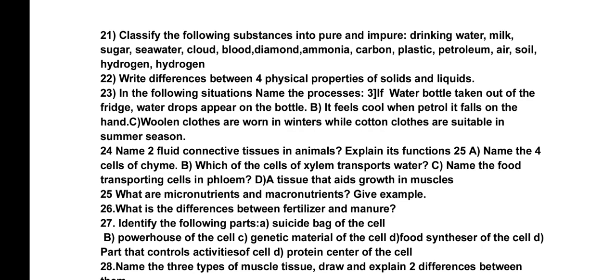Ammonia is a chemical compound. Carbon is an element. Plastic is a mixture. Petroleum is also a mixture. Air is a mixture. Soil is a mixture. All these mixtures are impure substances.